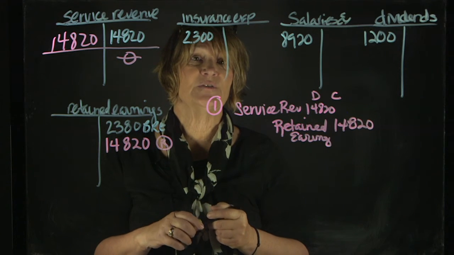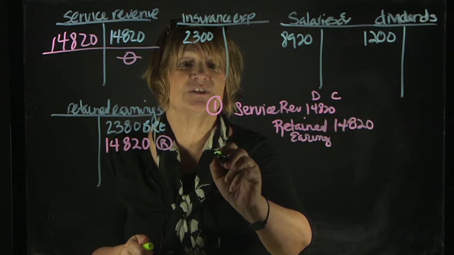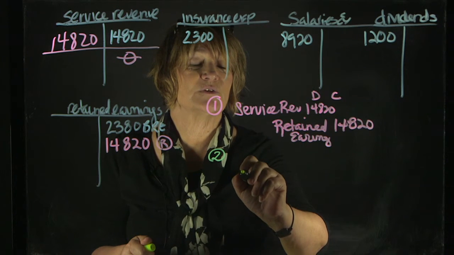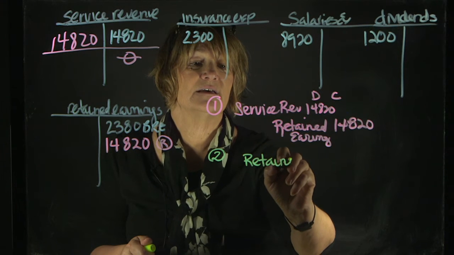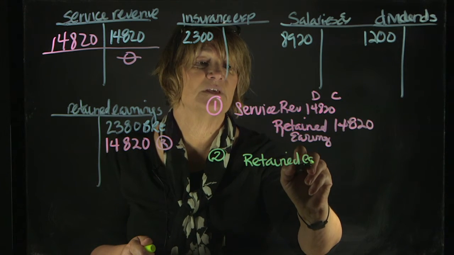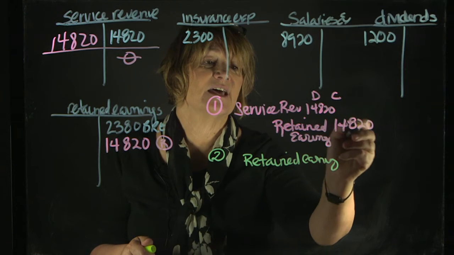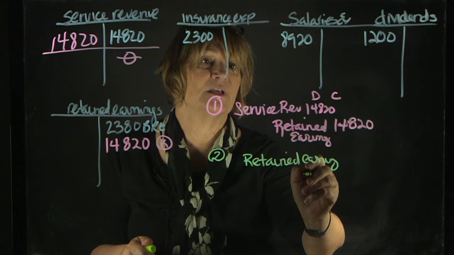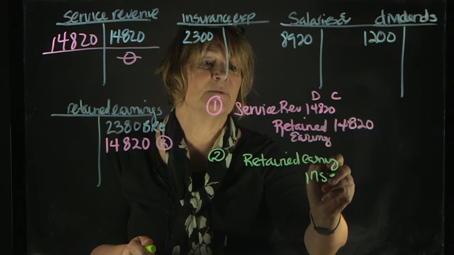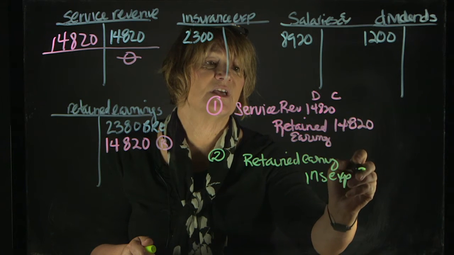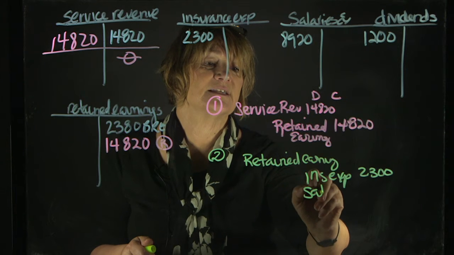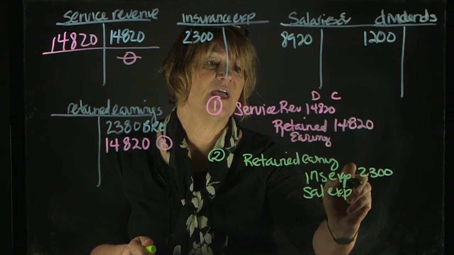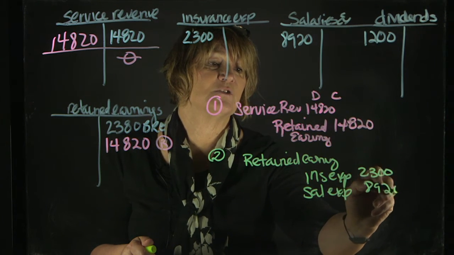Now we have to go and do the same thing for the expenses, which is that second closing entry. And so we know that the debit, based on the template I just gave you previously, is that I'm going to debit retained earnings. So in this case, I'm going to take insurance expense, and I'm going to credit it for $2,300. I'm going to take salaries expense, and I'm going to credit it for $89.20.